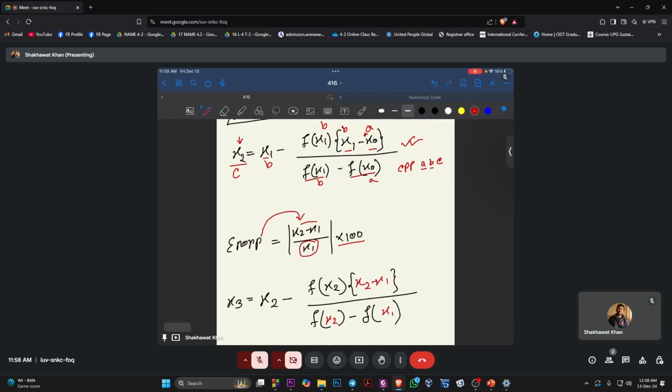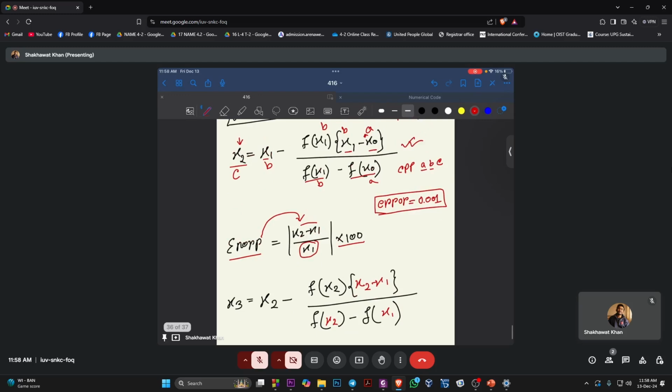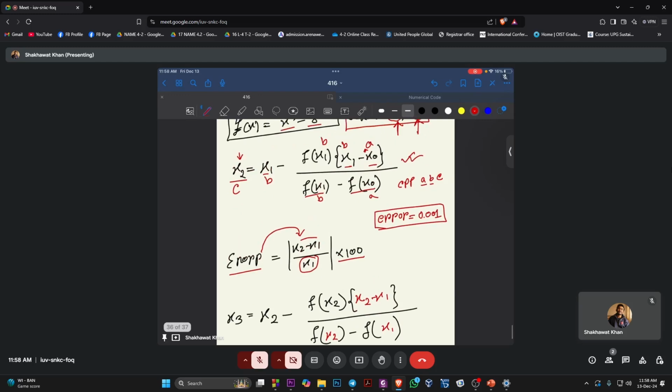We will introduce an error value in our program, and I want this error value to be 0.001. If the error is less than this value, then our problem is solved and our root can be found using this formula.